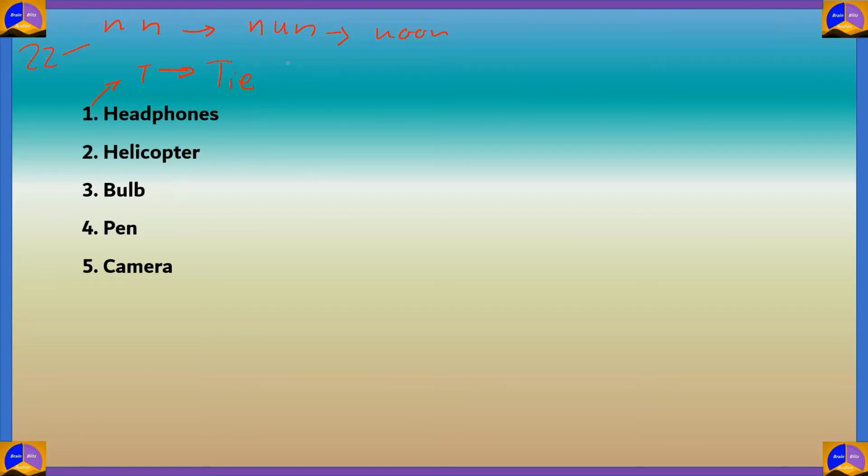Now, the next step is to connect the word tie to our object or step, which in this case, the object is a headphone. So you can think of it in this way. You're wearing your headphone instead of your tie to work.